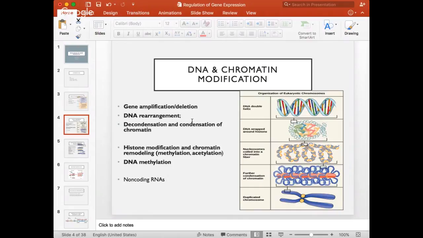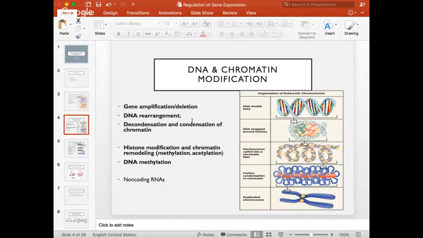So when you keep amplifying a particular gene, which is basically making the exact same thing, it could sometimes mutate, and that mutation could code for a different peptide. This is a way that you regulate gene expression, although this is very rare. The opposite, gene deletion, is also a very rare way of regulating gene expression.